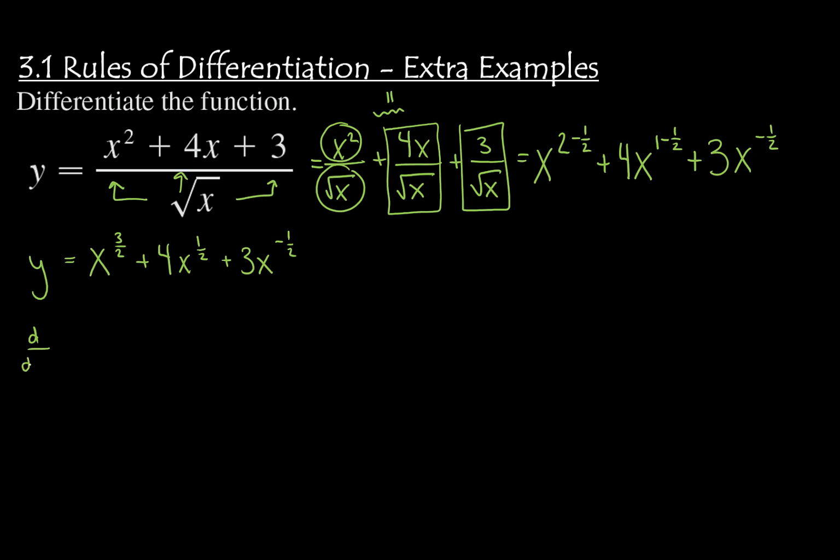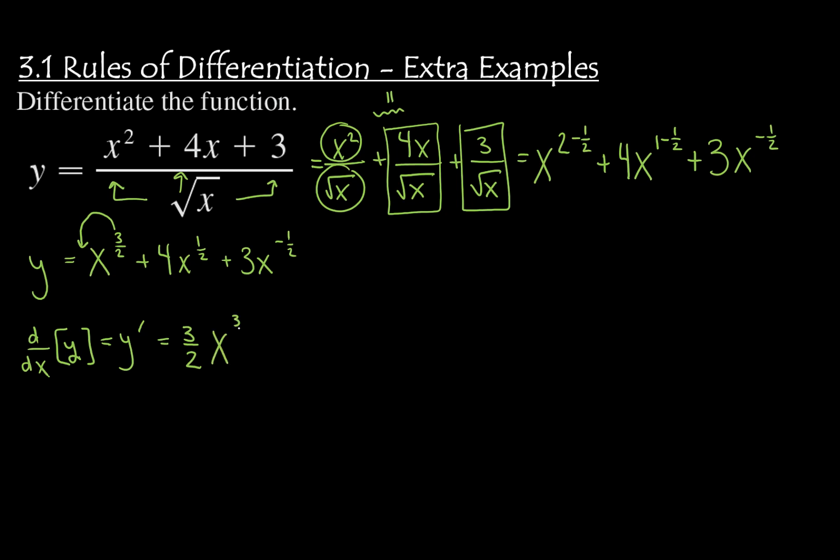Now I need to take the derivative with respect to x of that function. That will give me y prime. So now I'm going to take the derivative of that y, and that's going to be my y prime. So for my first term, I'm going to take that 3/2, and that's going to come down in the front, 3/2.